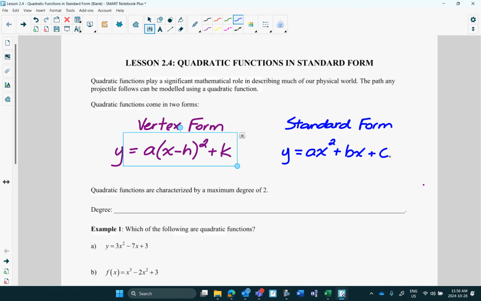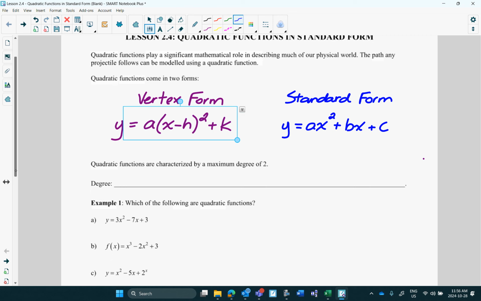And just one other piece of information. We call quadratic functions functions of degree 2. The degree of any polynomial is determined by the exponents in the polynomial.